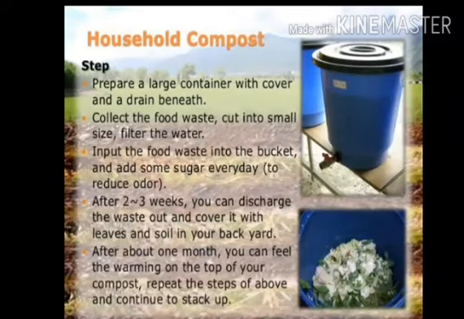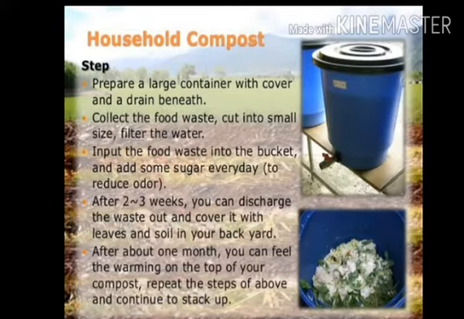This picture shows household compost. We can prepare compost at our house itself. It needs a large container. You can collect the food waste, cut it into small size, filter the water, put the food waste into the bucket and add some sugar. It reduces odor.